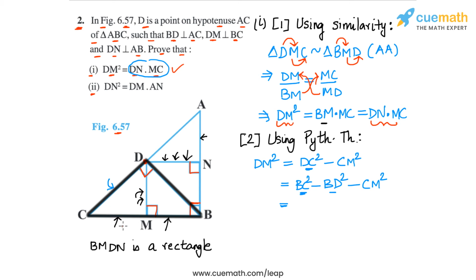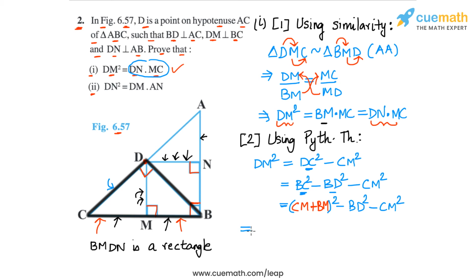If you observe the figure, BC is the sum of CM and BM. So instead of BC, I'm going to write CM plus BM. So CM plus BM square, and then I have minus BD square minus CM square.